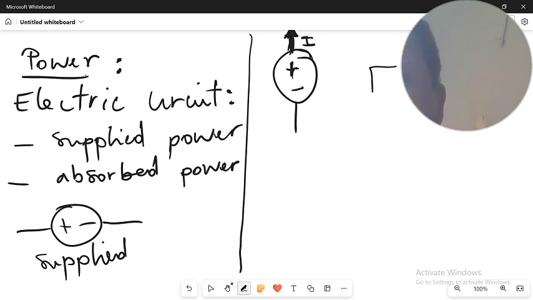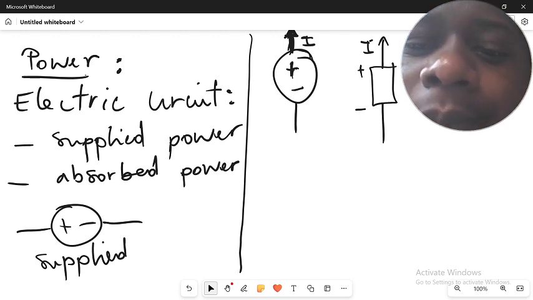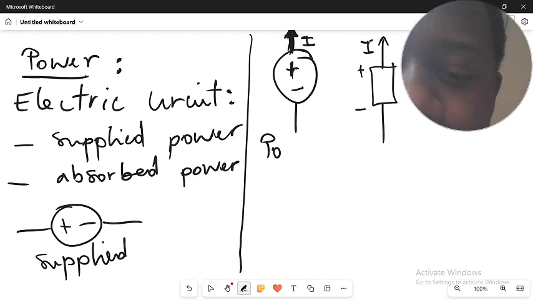For example, we have this component, plus minus, that's the positive terminal, that's the negative terminal. The current is leaving the positive terminal, which means that the component is supplying power in the electric circuit. And when the component is supplying power, it means that the power is negative.